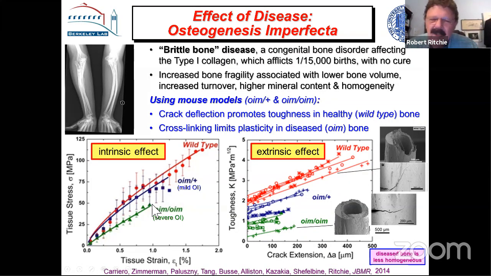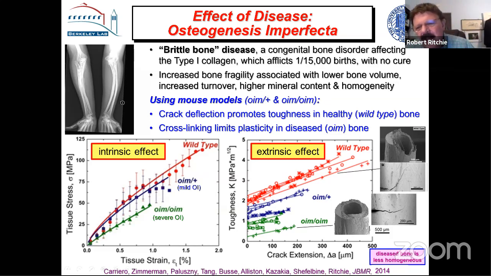And so when you look at the cross-linking in these bones, we found there's a much higher degree of cross-linking in the diseased bone, which of course limits the ductility, just like it would in an embrittlement in a metal. So that's the intrinsic effect. You've not enabled this fibrillar sliding to be so effective.